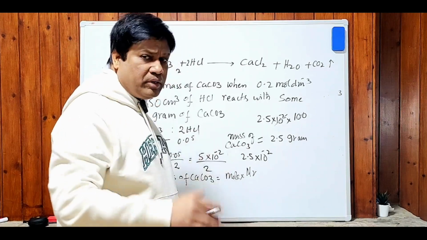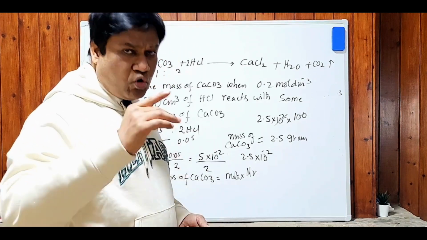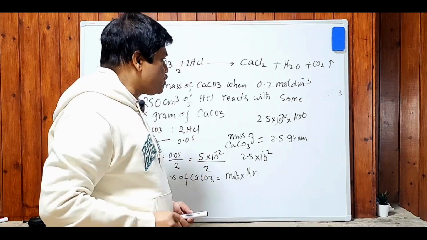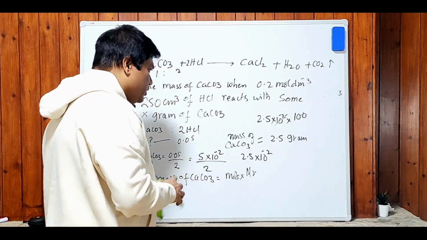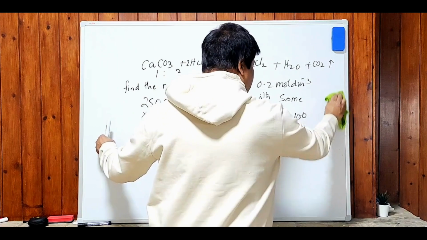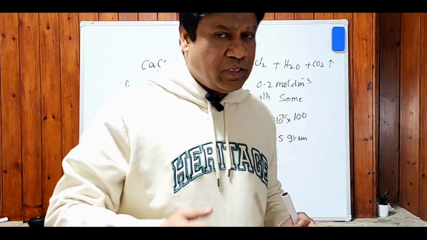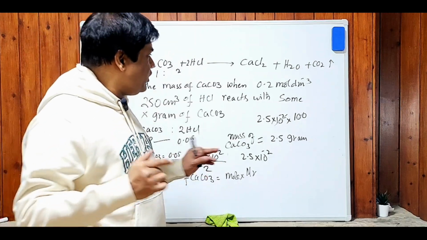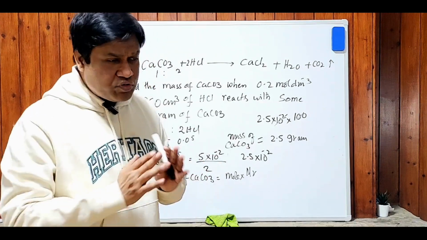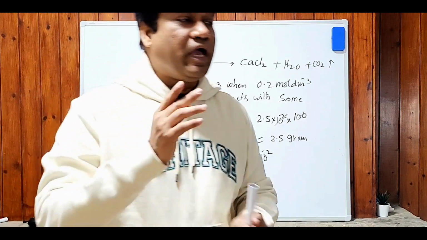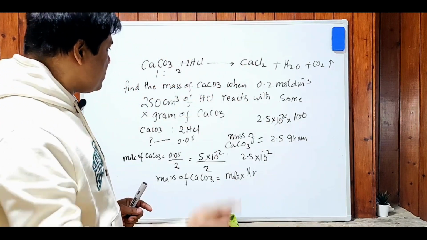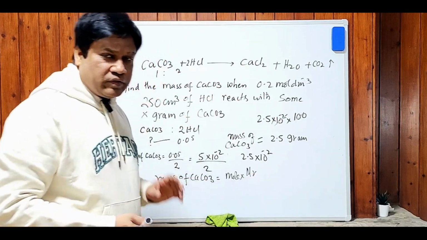Then, if time permits, I want to teach you back titration. Back titration is a very important titration. I've seen in many past papers, whether it's AQA, OCR, or Edexcel, we will definitely get one back titration question. What's the purpose of back titration and how can we solve questions based on it?